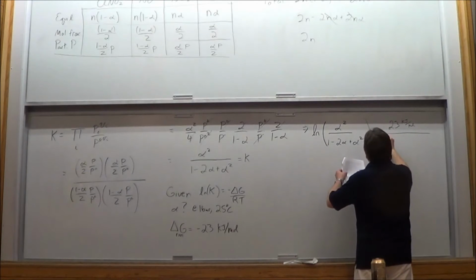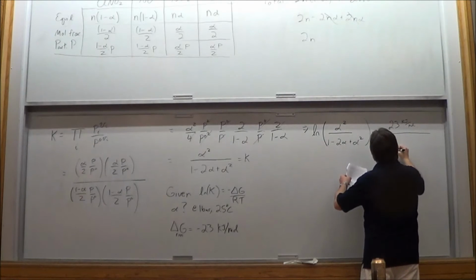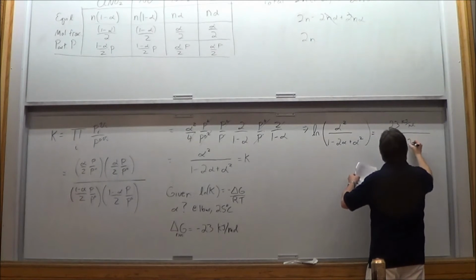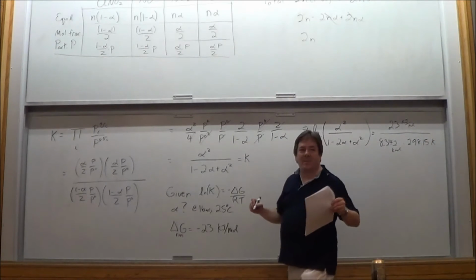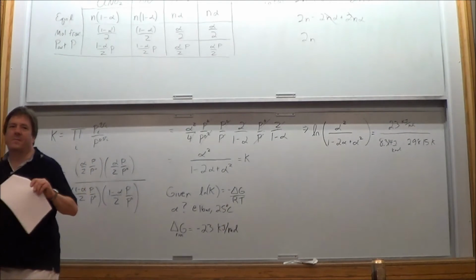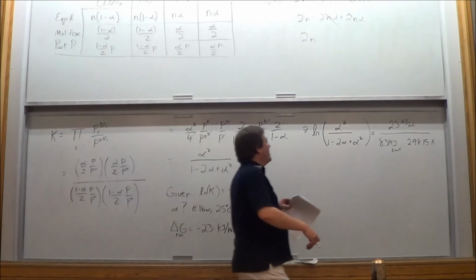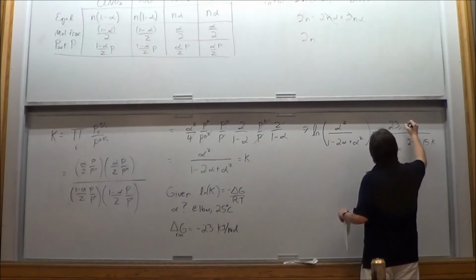Then I got 8.314 joules per K mole times 298.15 K. All right, if I've done that right, can you write the joules to kilojoules? First mistake you're going to make, because I made it when I was designing these questions before class, I was screwing it up.